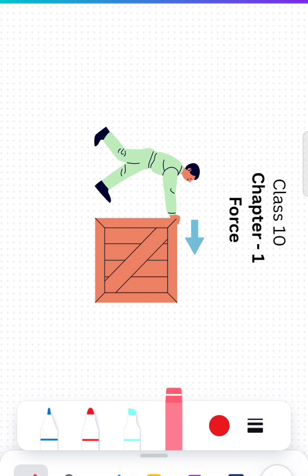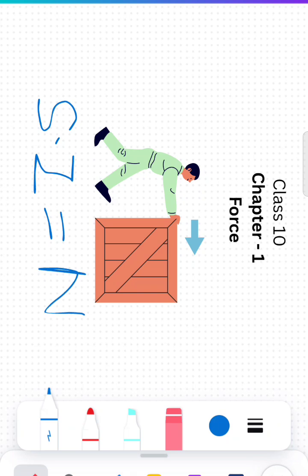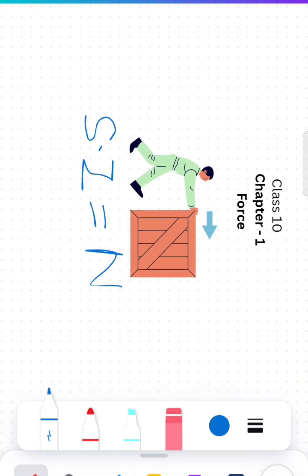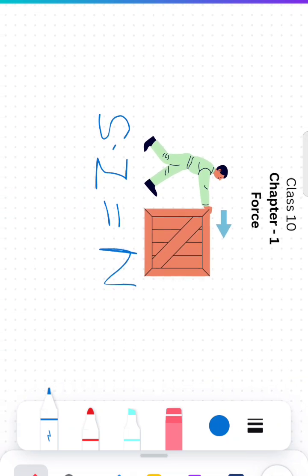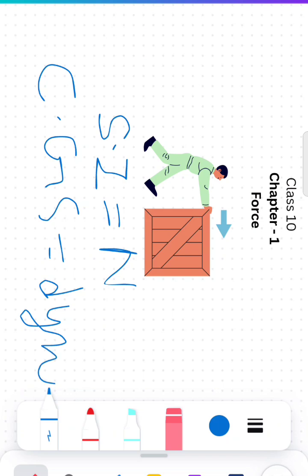If we talk about the SI unit of force, the SI unit of force is Newton. And the CGS unit of force is Dyne.